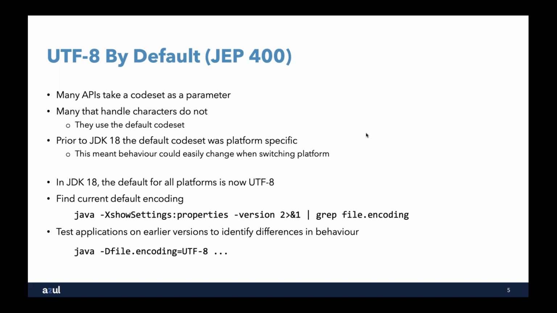What we want to do in JDK 18 is to bring in this idea of using one code set for the default, so that all platforms, if you don't specify one through the API, will use the same code set and therefore have the same behavior. So now UTF-8 is that default code set.